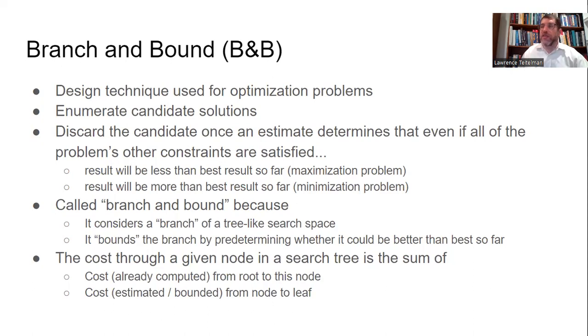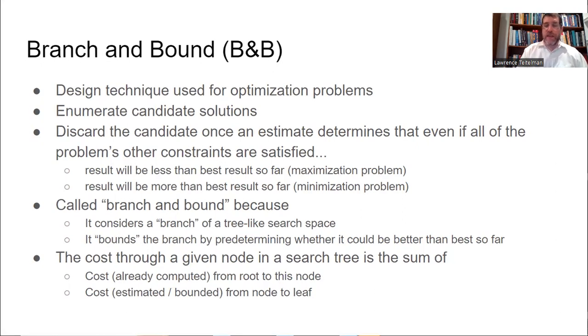The A-star search. Remember the A-star search where we said something like this, right? F of n equals g of n plus h of n, where we look at the exact cost up to a certain point, and then the estimated cost from there to the destination, right?